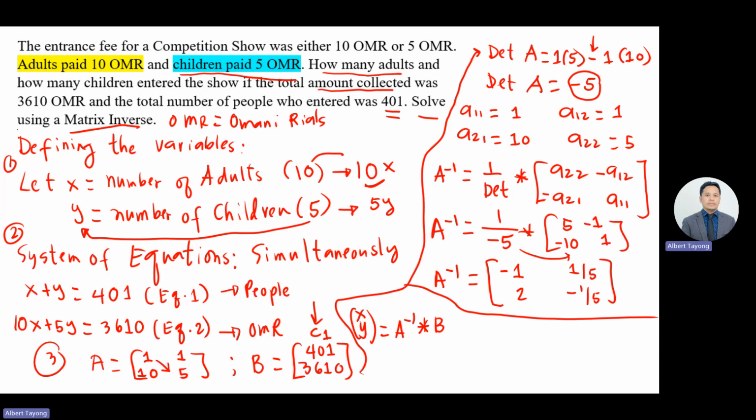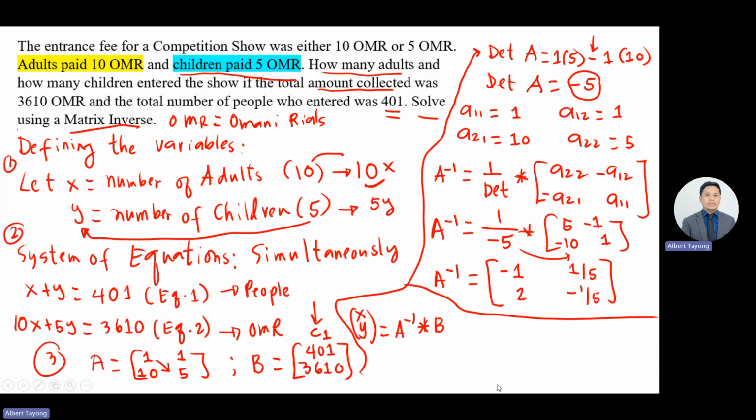So when we multiply our inverse by this, we're going to multiply the first row of the inverse by the column to get the value of x. To get the value of y, we multiply the second row by this column. We don't need to go to the formalities of multiplication because we have only one column.